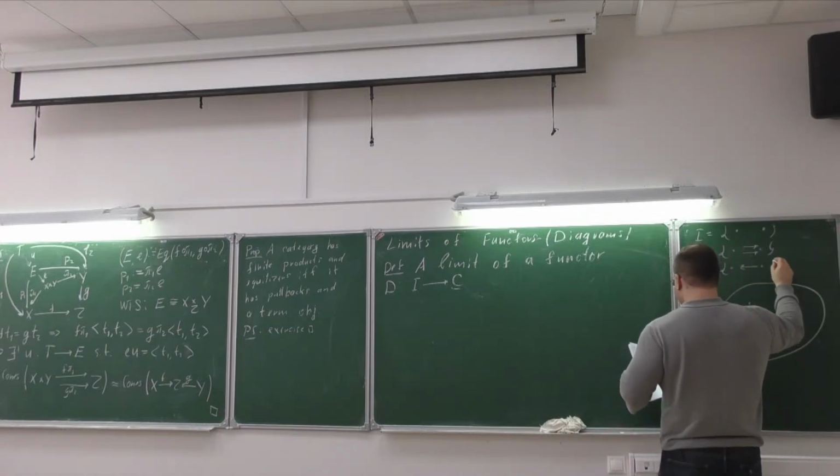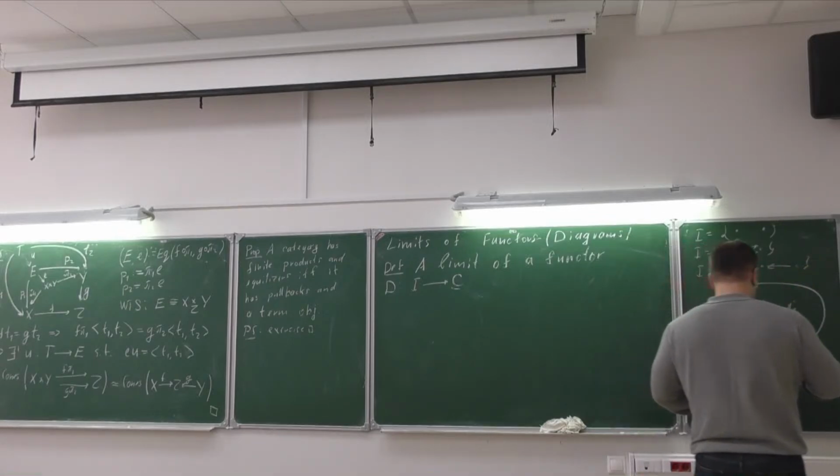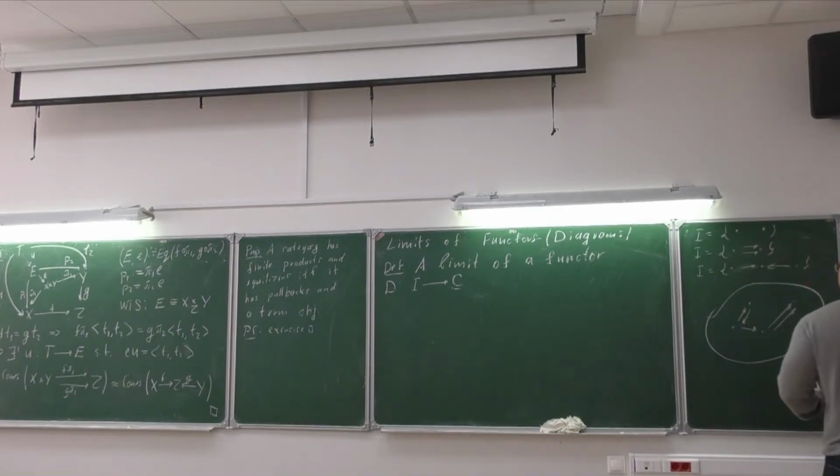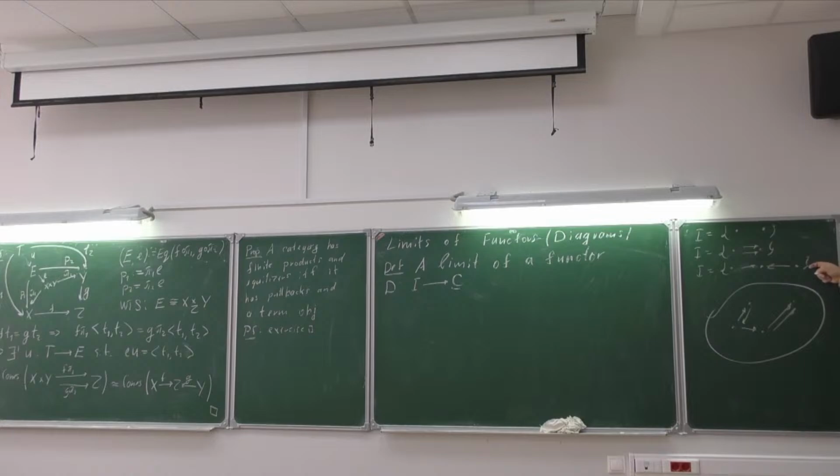Sorry, pullbacks is another. Yeah, so the pullbacks are just these three objects and two arrows. So if you consider I as in these three examples, you get the diagrams precisely as for the binary products, binary equalizers, and pullbacks of two arrows.